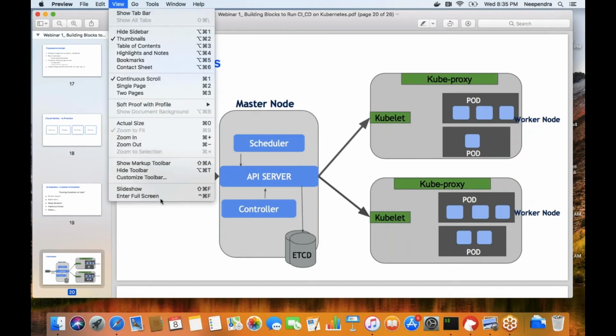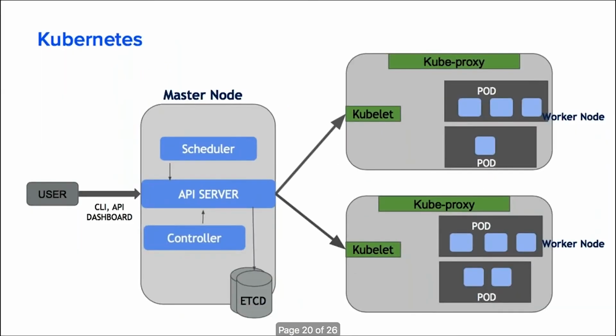So let me just make it full screen. The API server communicates to the key value store where it stores the cluster state. At any point of time, you can go to the key value store and ask for the current state of the cluster, and you will get the exact state from that key value store. Let me just reiterate again: this key value store can be part of the cluster or outside, as long as the API server can access it.